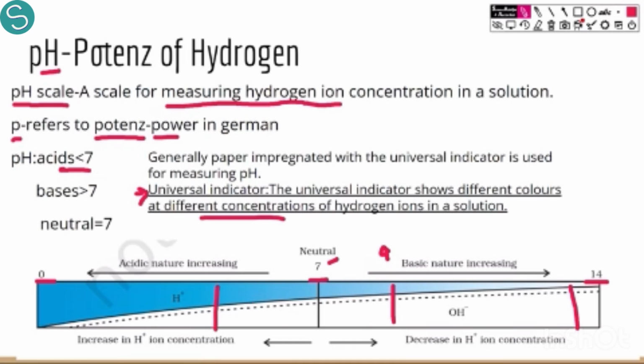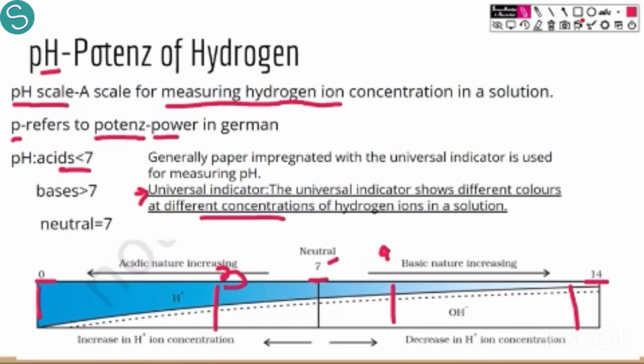A sample with pH 1 will be more acidic than a sample with pH 3, and a sample with pH 13 or 14 will be more basic than a sample at pH 9.